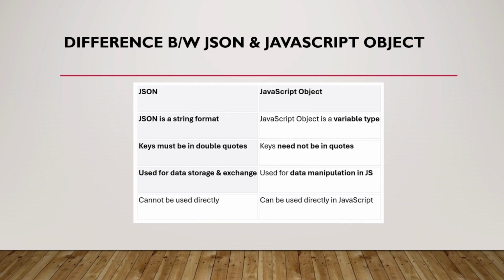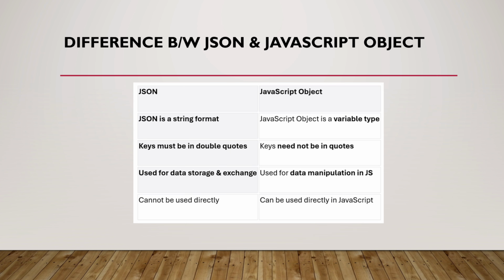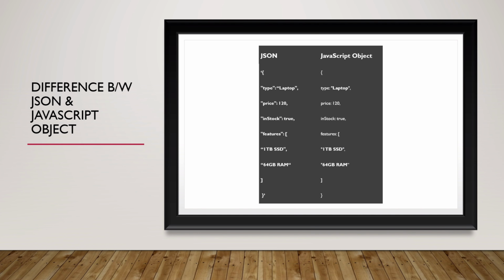JSON cannot be used directly as a JavaScript object. So over here, if you see this example, the single quotes mean that this object is a string. This is JSON. A JSON object is a string because it is used for data exchange between client and server or between different servers.